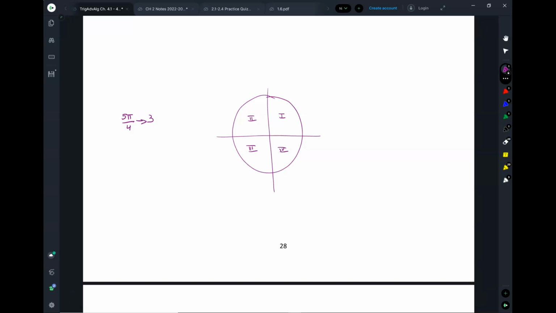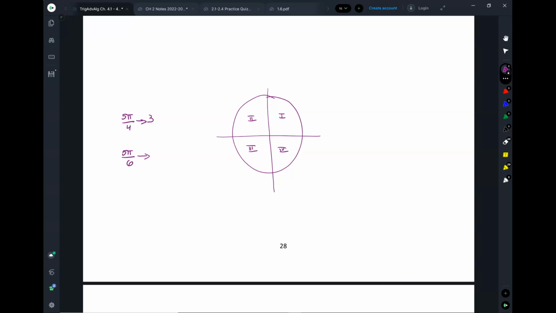Okay, so now let's do another one. Let's do 5 pi over 6. I start with 1 pi over 6. Let's try to figure out where 5 pi over 6 is.